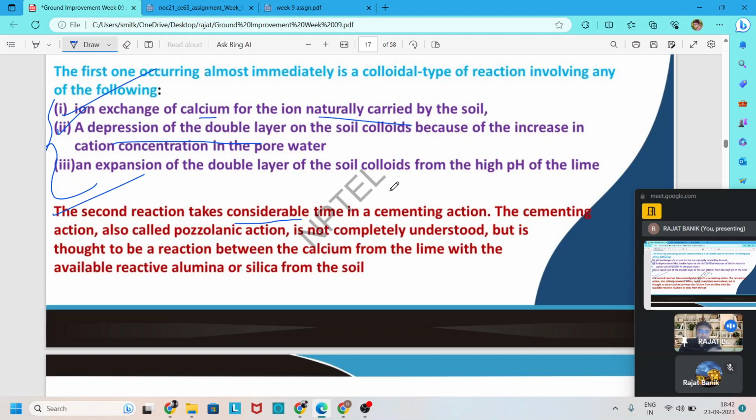It is predicted that this cementing material is formed due to the chemical reaction between the calcium which comes from the lime and the available reactive material from the soil, that is alumina and silica. So by these two reactions, lime stabilizes the soil.